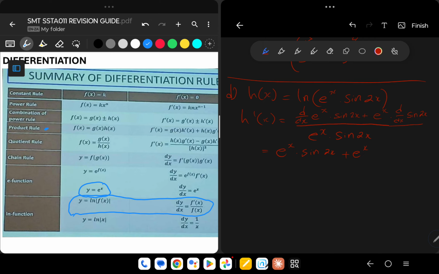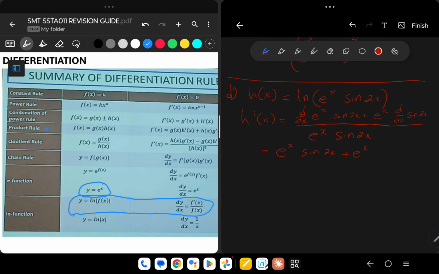We derive one, we keep one, and then with the one that we derived first, we keep it after the plus sign, and then we derive the one that we kept previously. So this means that now you're going to have e^x times sine 2x plus e to the power of x times the derivative of sine 2x.